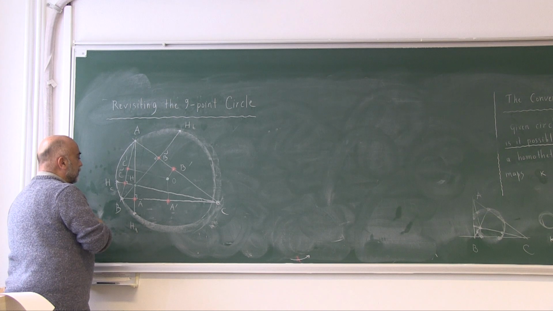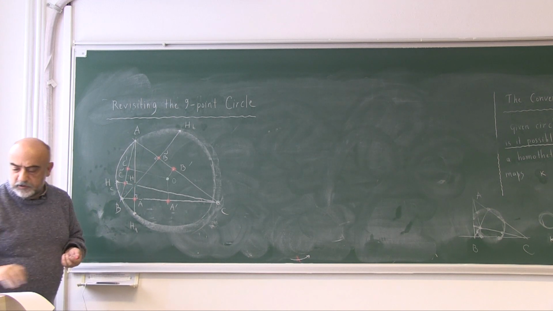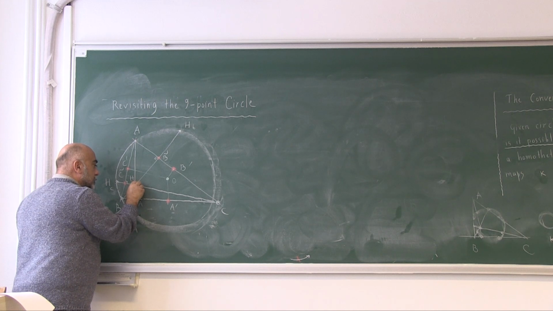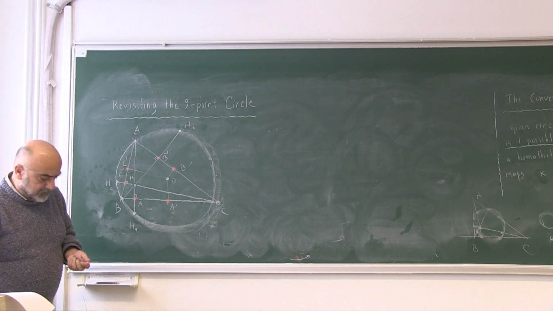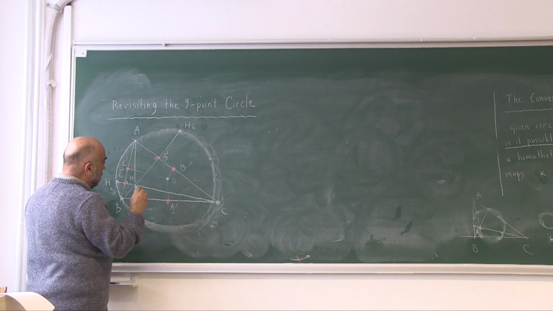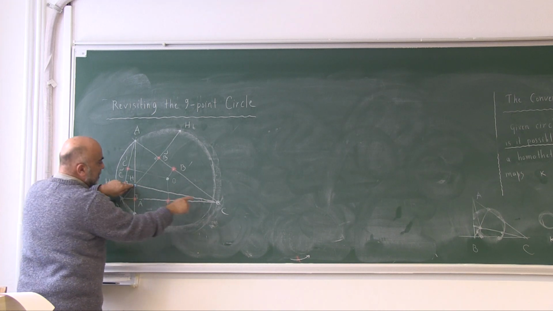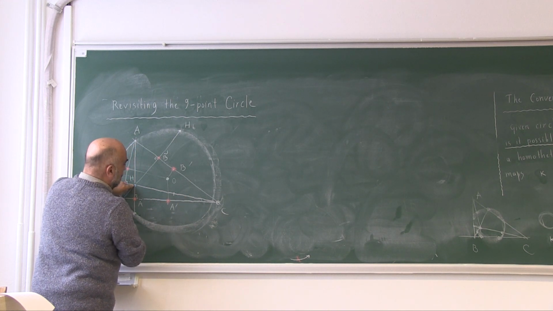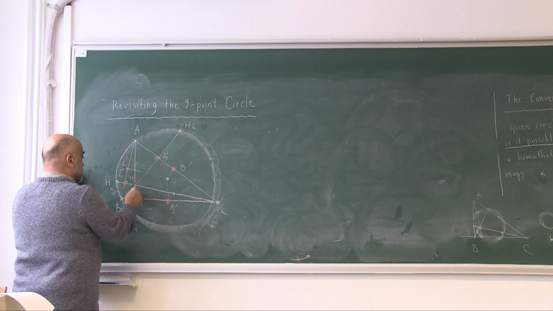Finally, of course, let me do it in blue. The midpoints of the 3 line segments that join the orthocenter to the vertices. So for instance, this, and this, and this.